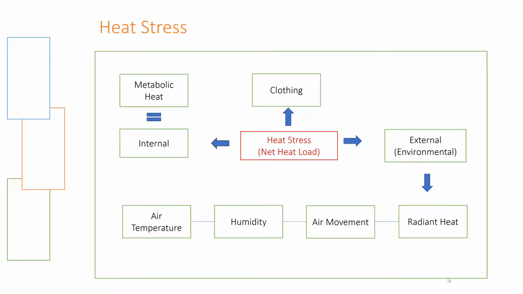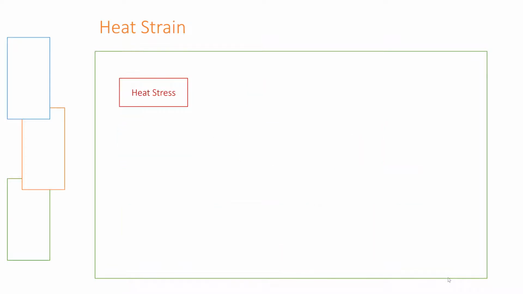So in summary, the heat stress that a worker can be subjected to can come from the clothing itself trapping heat. It can also come from the external environment, and it may also come from the internal environment.